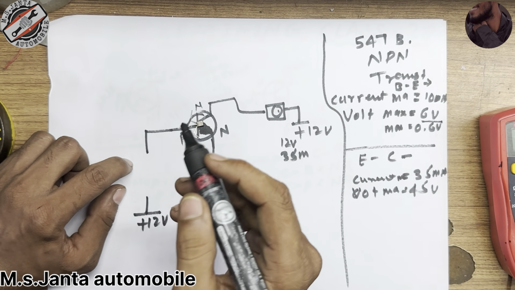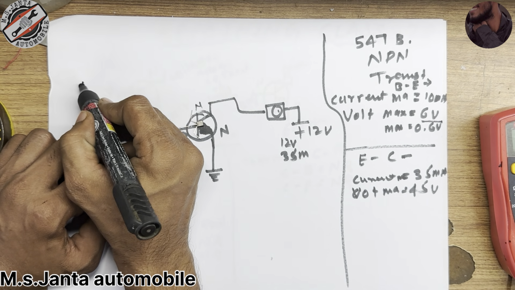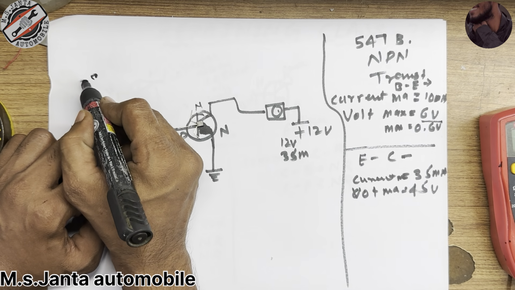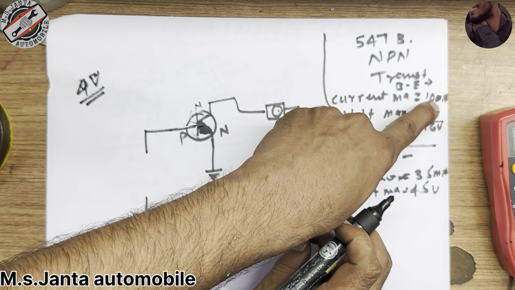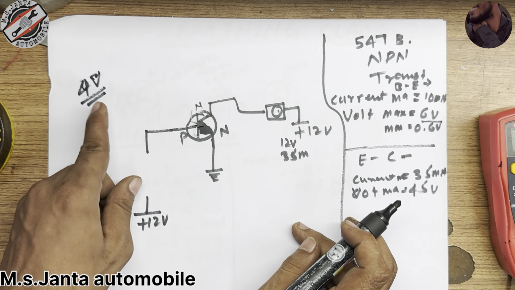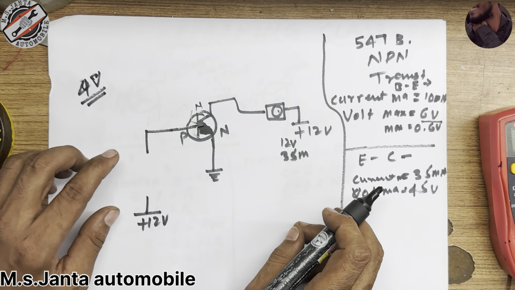So we take 4 volt, but we have a current of 10 milliamperes, and we have a volt also.